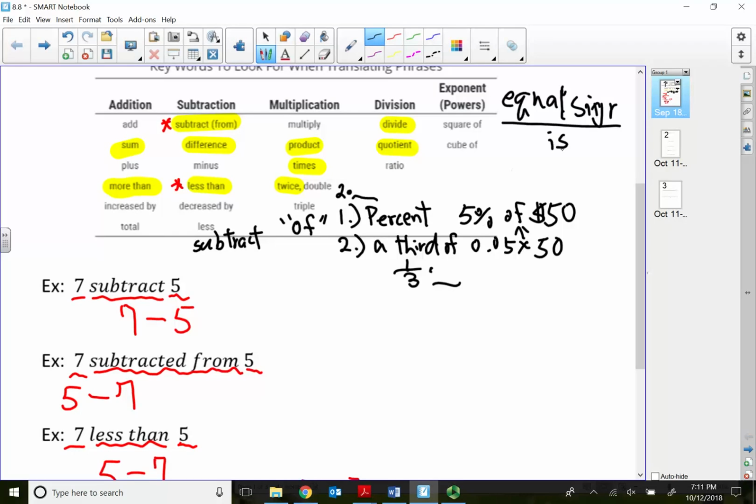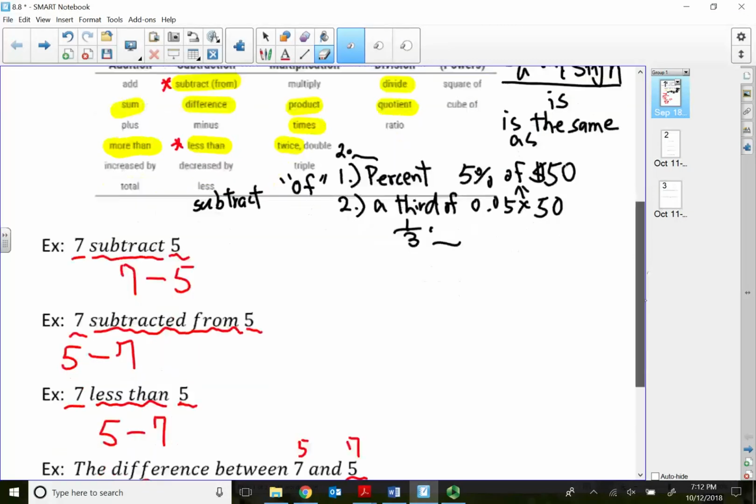Okay? Sometimes the word is just is. So we are looking for phrases like is the same as. Okay? Any type of phrase like that can be translated as equal sign. Okay, so let's give this a try.